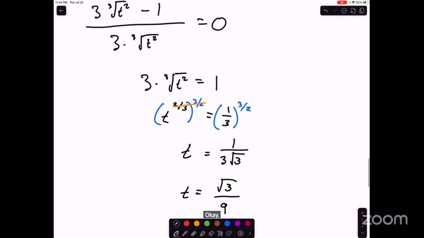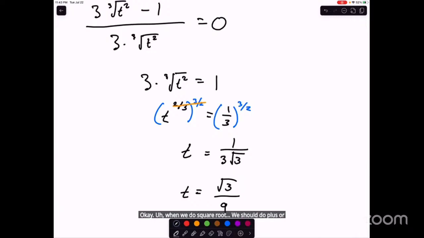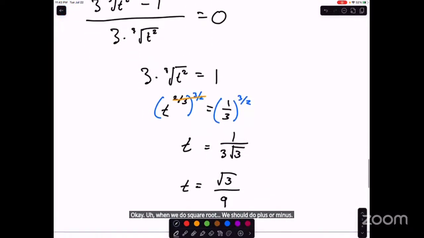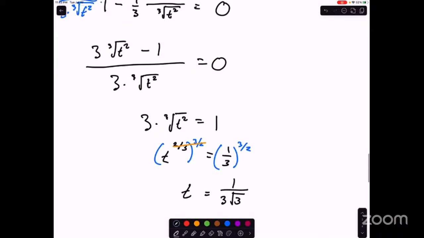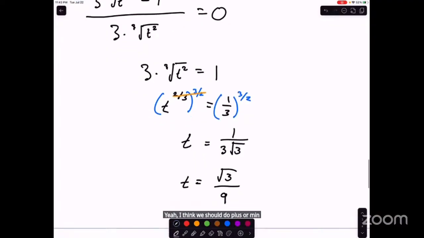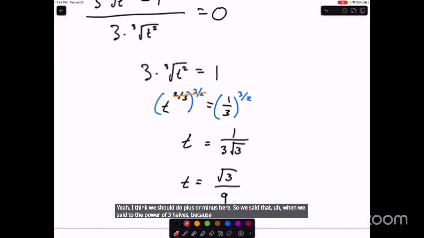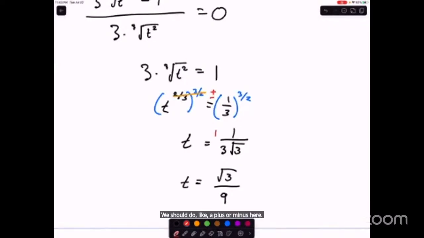Okay. When we do square root, we should do plus or minus. 1 and then 4, so that's like 1 point something. I think we should do plus or minus here. When we said to the power of 3/2, because that is an even denominator, we should do a plus or minus here, right?